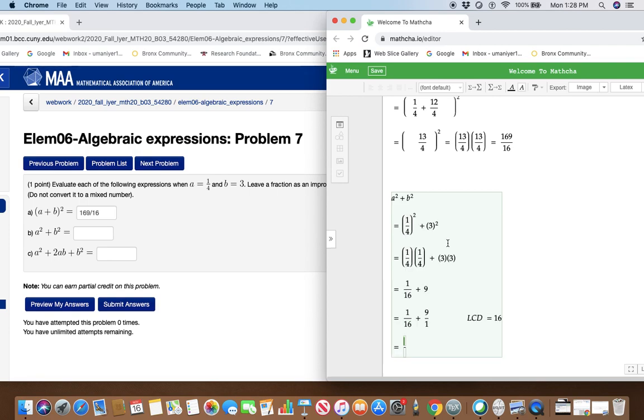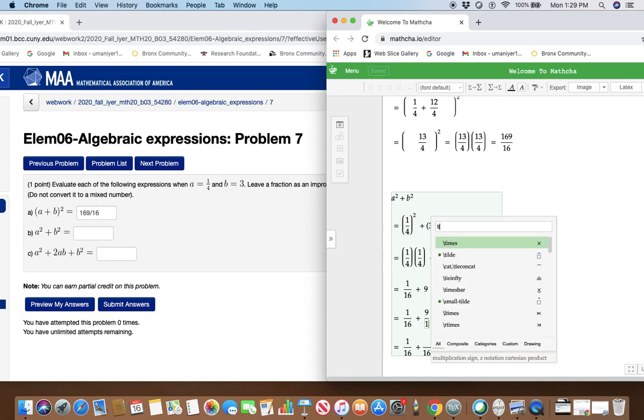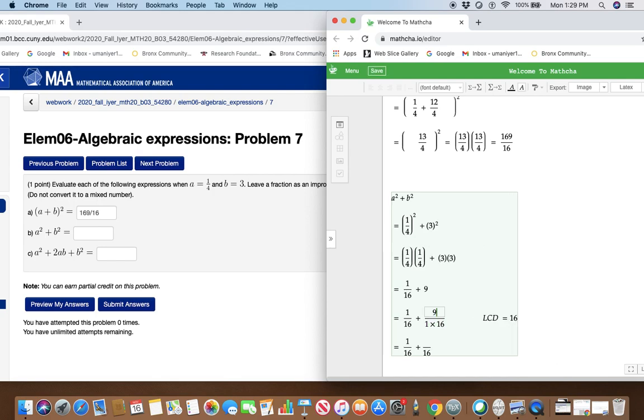So you're going to write the two fractions with common denominator of 16. So question is, how do you get 16? The first one is already with 16 as the denominator. Second one does not have a 16, it's a 1. So 1 times 16, whatever I multiply to the denominator, I must multiply to the numerator.